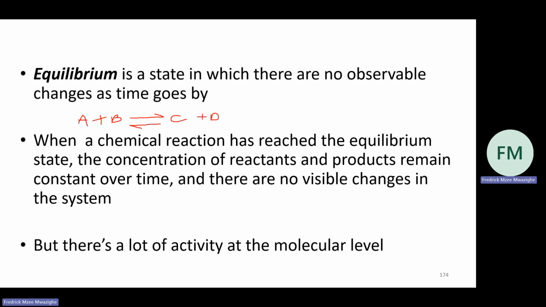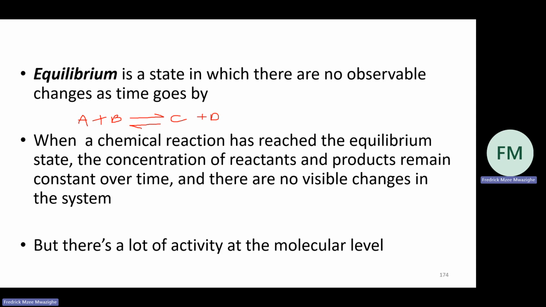So when you have such a reversible reaction, both forward and reverse reactions are taking place. At the beginning, of course, you only have the forward reaction, and then the reverse reaction starts taking place.